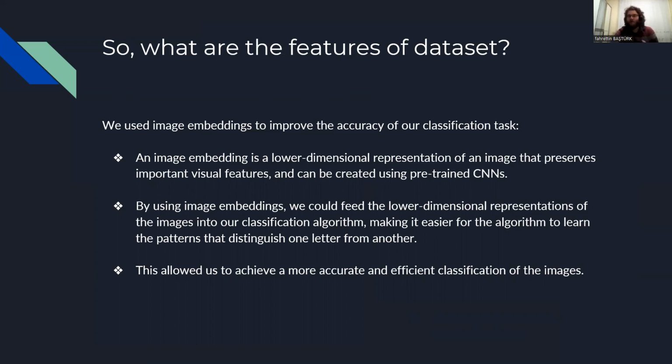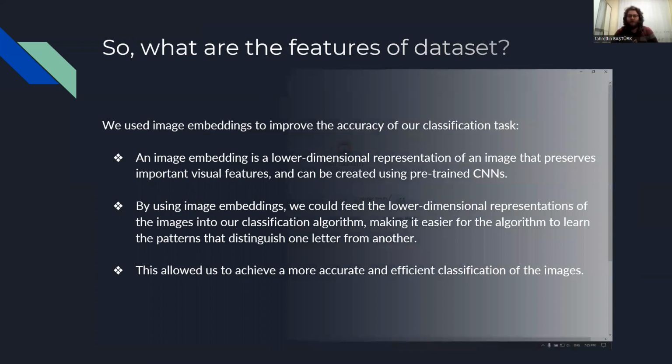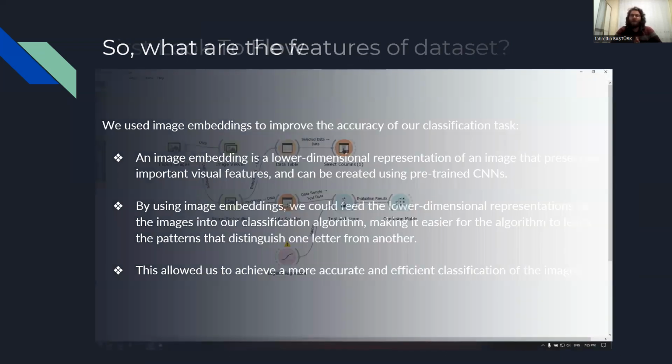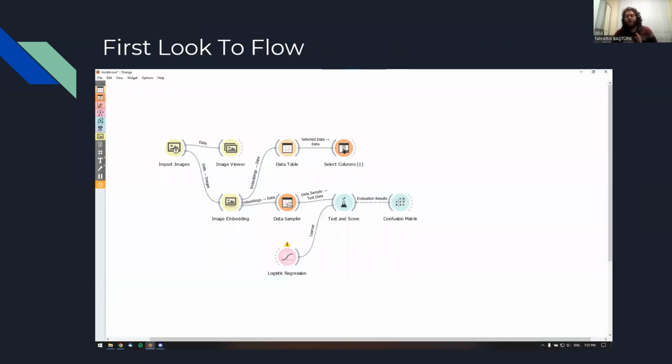And we want to look at our flow. It's simply like that. We input our images, we embed them, we sample them, and we use logistic regression. There is not an issue, but there is a sign of an issue.